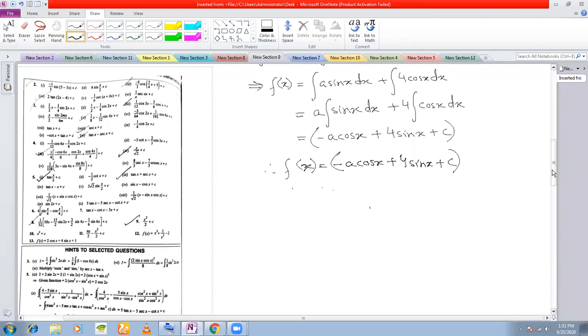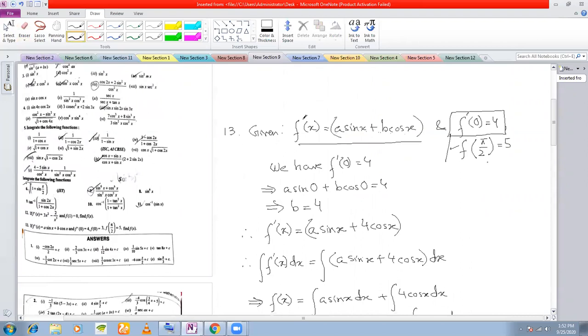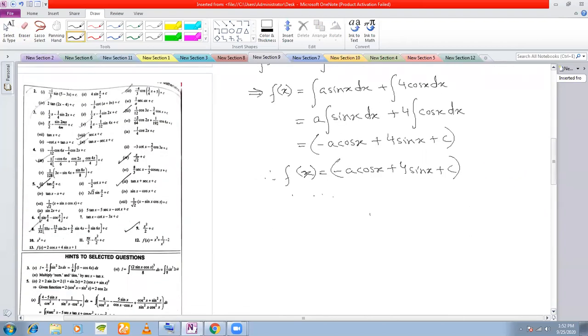Now what is the condition given here? f pi by 2 is equal to 5, right? So f pi by 2 is equal to 5. That means you put x is equal to pi by 2.